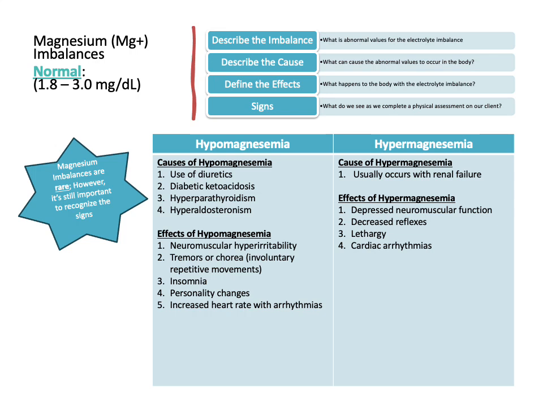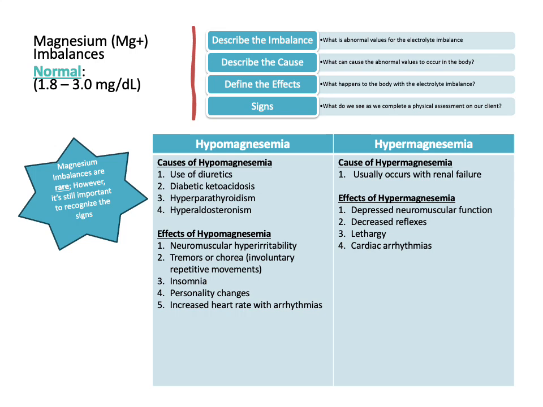When we talk about hypermagnesemia, this normally occurs in association with renal failure. The effects are lethargy and decreased reflexes. You can also see cardiac arrhythmias and even decreased neuromuscular function. The main thing is that you want to correct the underlying cause of either hypomagnesemia or hypermagnesemia. They are rare, but in the case of hypomagnesemia, we like to replace with magnesium.